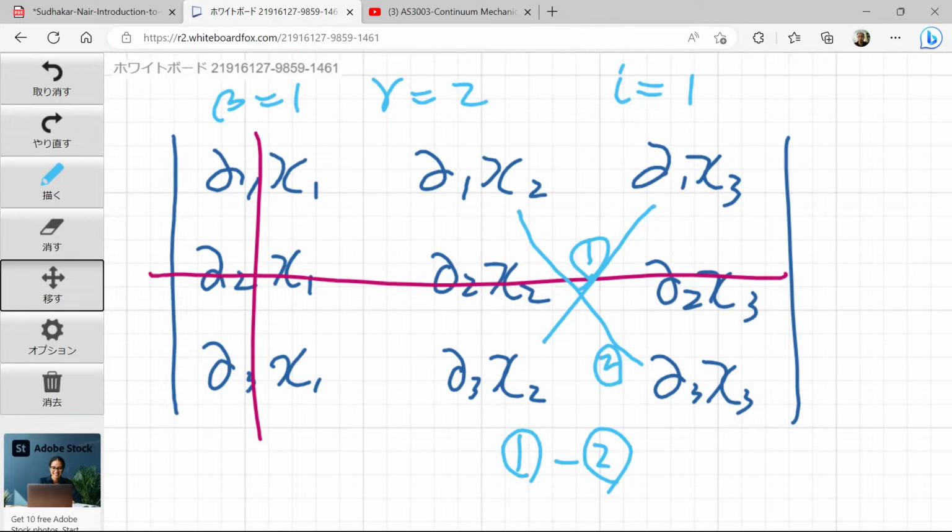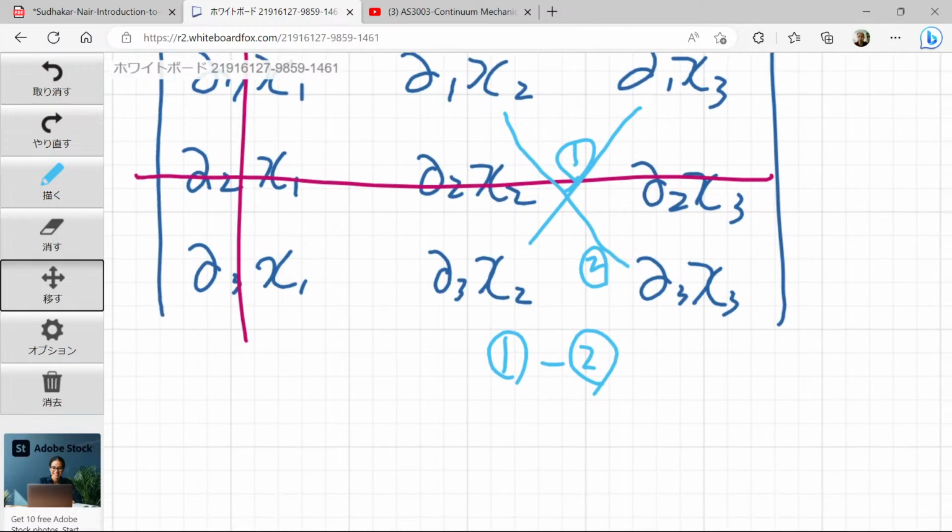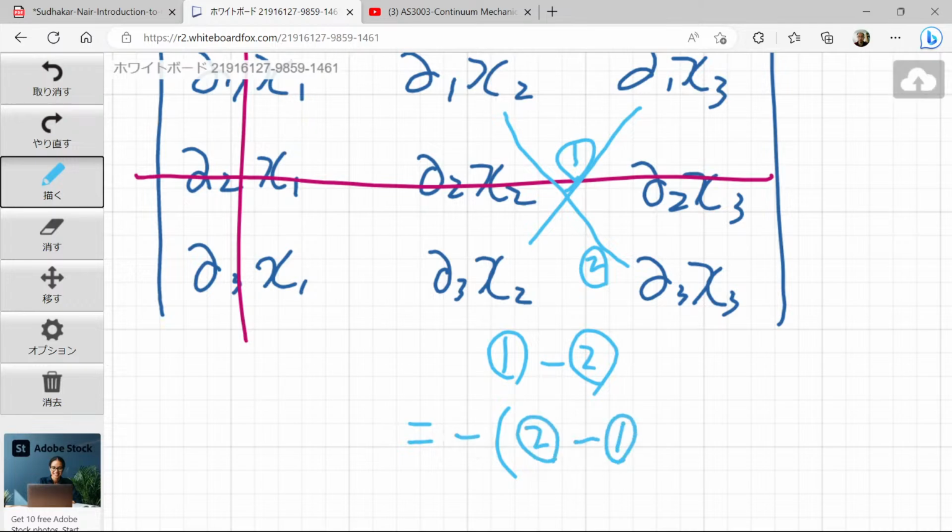Because you can see this is equal minus 2 minus 1, right?